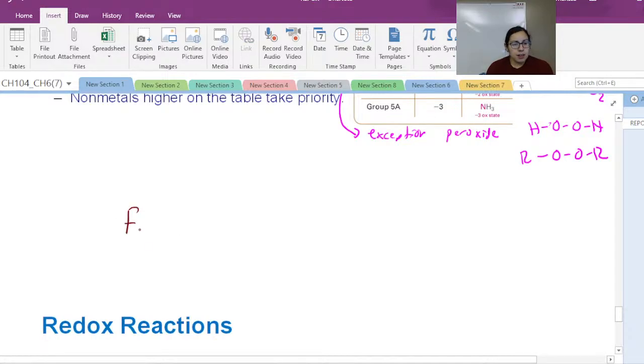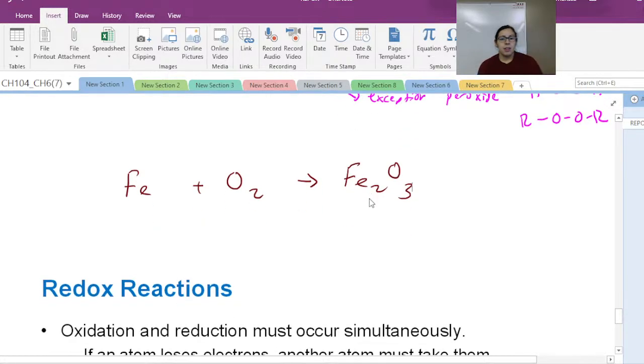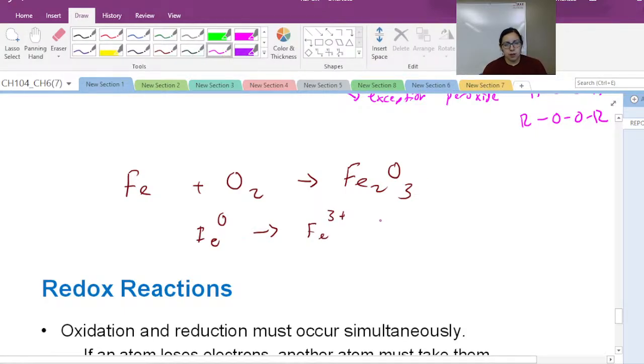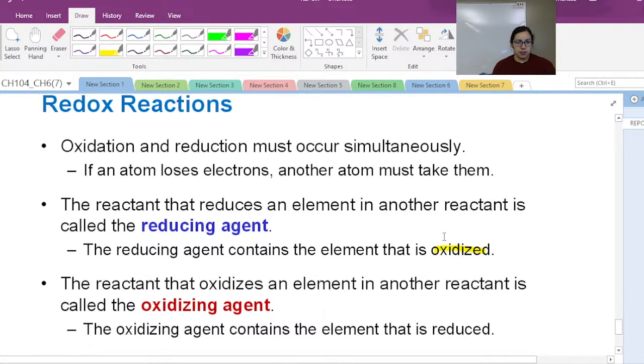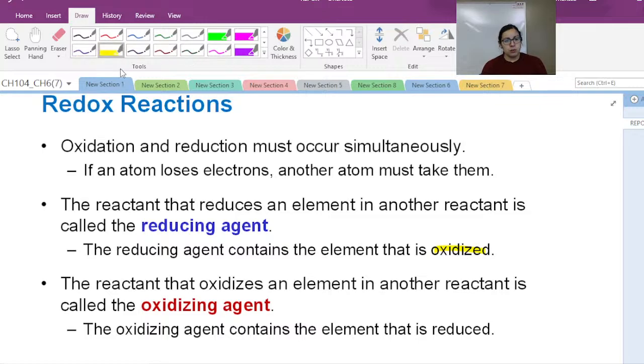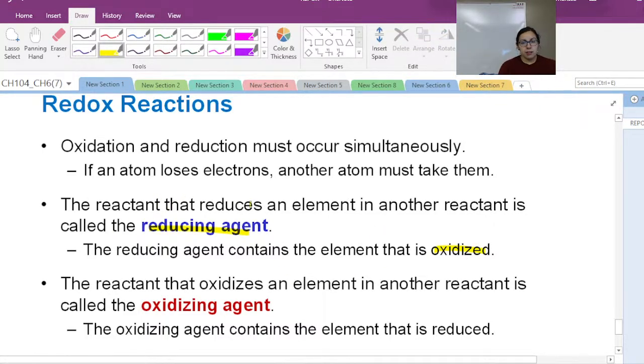Again, iron plus oxygen gives us iron oxide. We had said that the iron went from 0 to iron 3+, and we already said that it was oxidized. But we can use this other term as well, called reducing agent. It's the reactant that reduces an element.